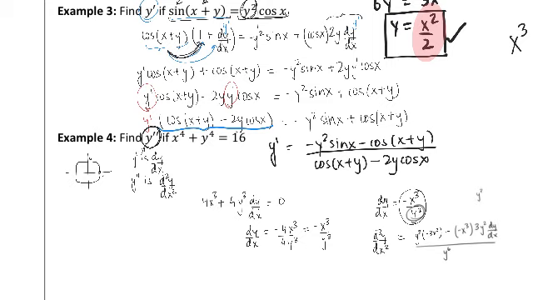And you can clean this up just a little bit by putting in dy dx. Actually, you have to put in dy dx because you don't want to leave any dy dx terms in your d squared y dx squared. This has to be all in terms of x and y. You can only have x's and y's. So we've got to put this in for dy dx.